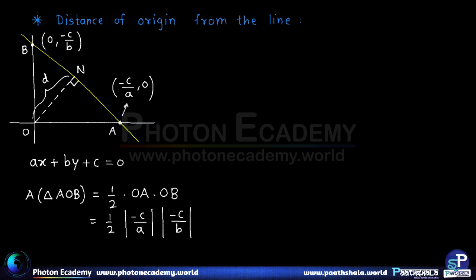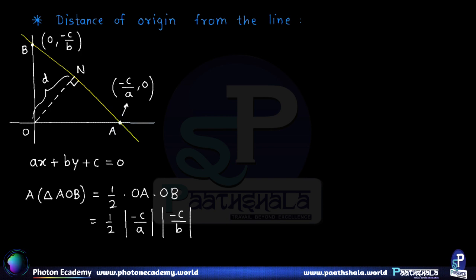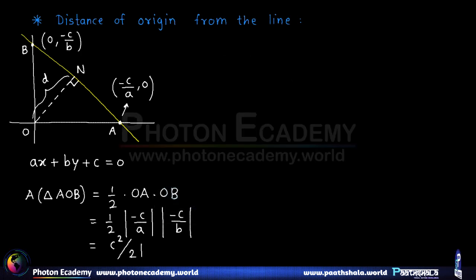So by multiplying, since minus C and minus C, which are under the mod, can be squared, and square is always positive, that will give us C square divided by 2 into mod of AB, because we don't know whether the product AB is positive or negative, right? So that is the first expression for getting the area of the triangle.